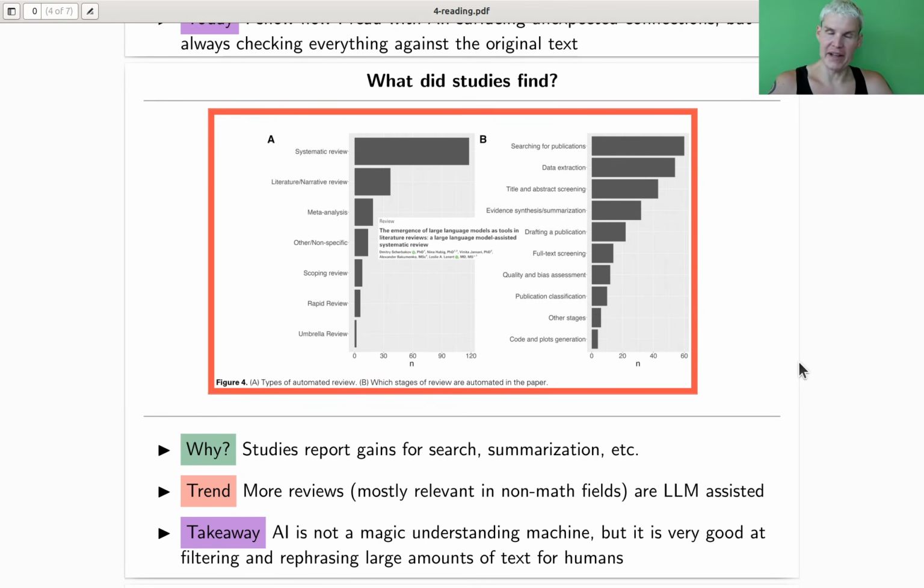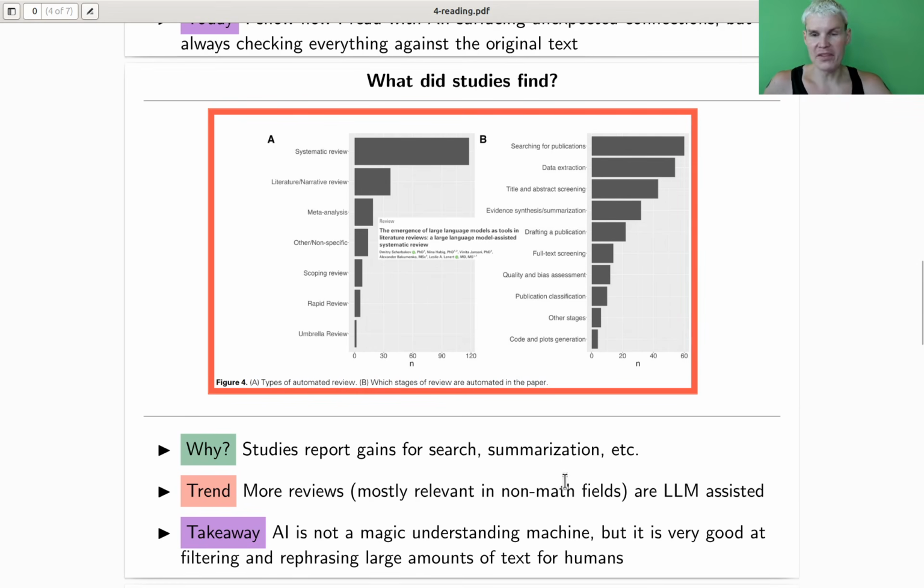on the next slide. But anyway, keep in mind it's not a magic understanding machine, right? It's very good at filtering and rephrasing, but you are still the authority. You are still the supervisor, right? It's like the very eager student that could make a mistake, and you are still the supervisor.